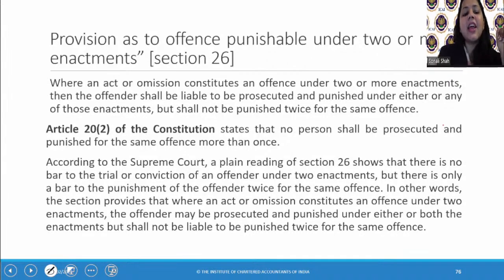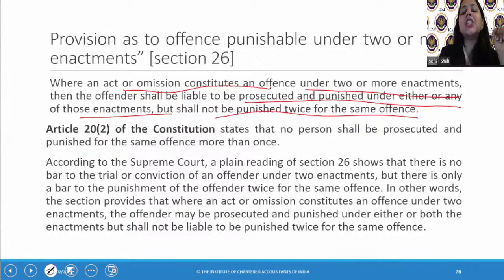So section 26 says, where an act or omission constitutes an offense under two or more enactments, then the offender shall be liable to be prosecuted and punished under either or any of those enactments, but shall not be punished twice for the same offense.